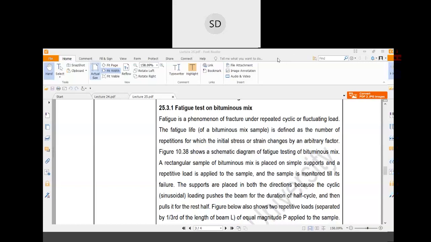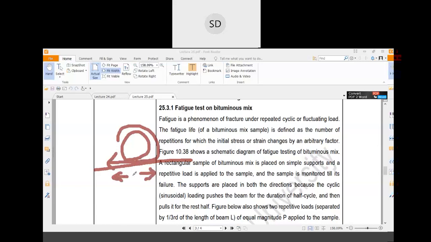So in that case, suppose a pavement structure is there, and suppose there is a vehicle tire that is constantly in contact with the road surface, rotating in a particular direction. After each and every repetitive load, what will happen in the portion below? There would be some tensile forces acting like that.